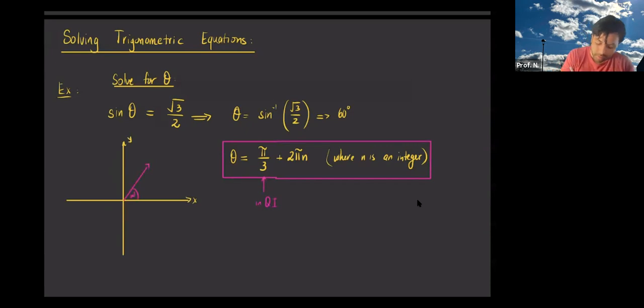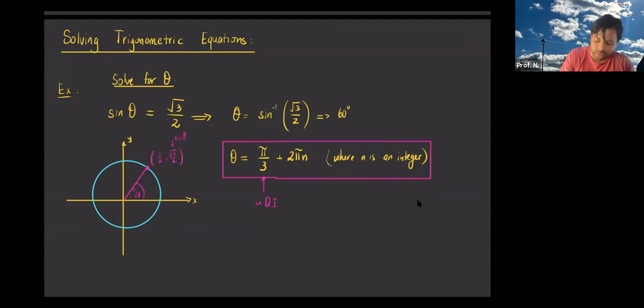Let me draw the unit circle. At pi over 3, what are my coordinates? My coordinates are 1/2 comma rad 3 over 2, correct? And remember, this is the sine of the angle.